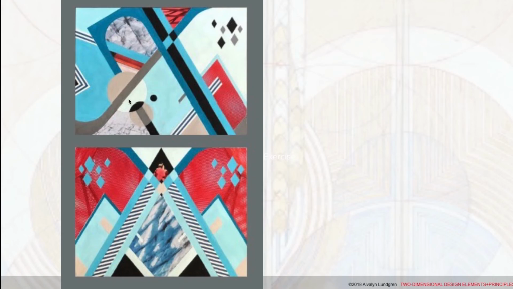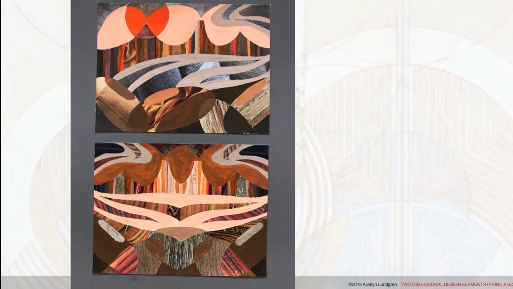So this has a little more sense of flatness, this has a little more sense of layering. The red is in back, the blue is in front. This one we saw in the opening slide. Asymmetry, the axis is this direction, and then this is the half that was initially traced and then reflected.